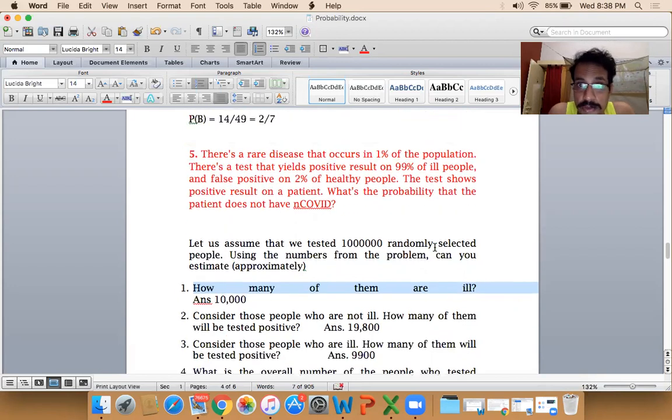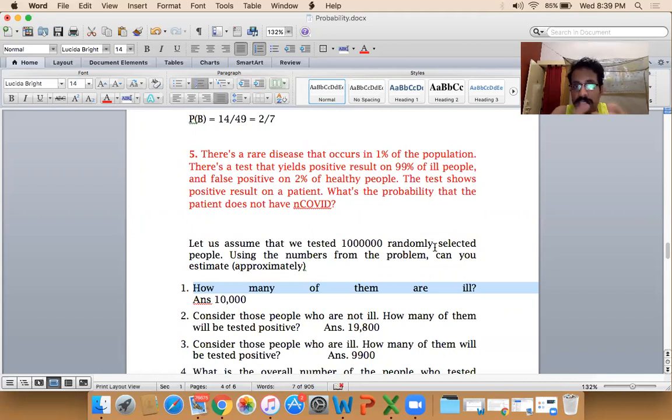tell 99% of the time the correct, you know, true positives, and the disease occurrence rate is 1% of the population. So what is 1% of the population? For example, for 1 million, it will become... so it's not 1 million, it's 10 million. Sorry. So we did test 10 million people.